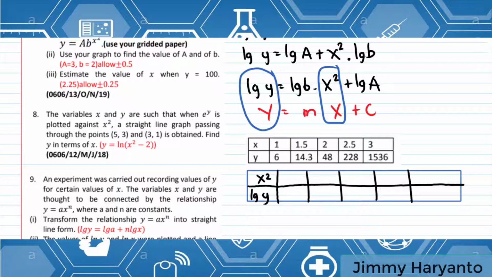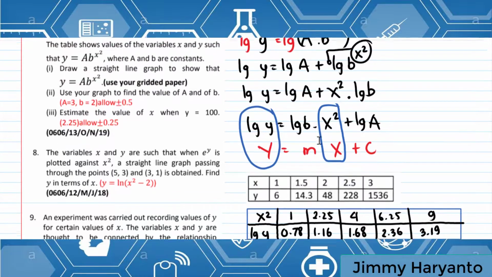To find x squared, you have to square 1, 1.5, 2, 2.5, and 3. It will become 1, 2.25, 4, 6.25, and then 9. As for the y, you have to find LG 6, LG 14.3, LG 48, and so on. Okay, this is the result of LG Y, 0.78 and so on.